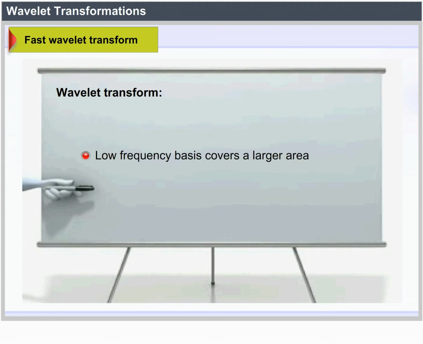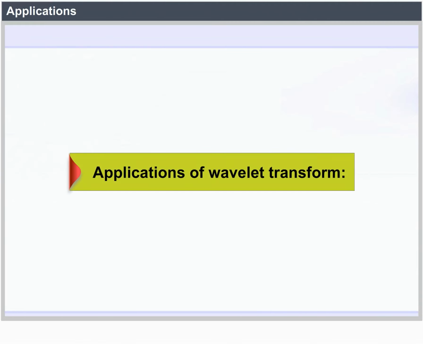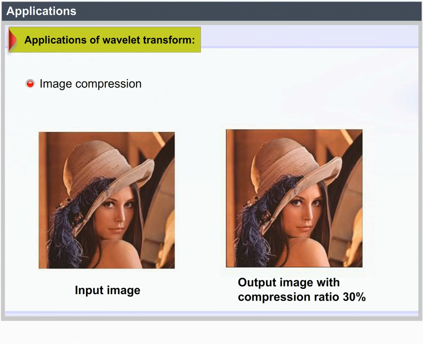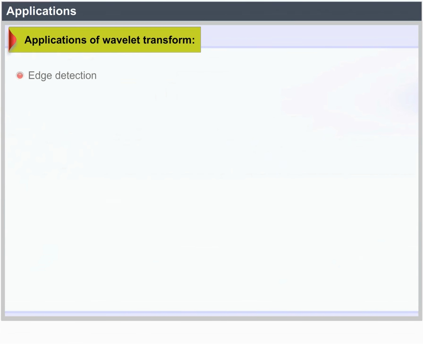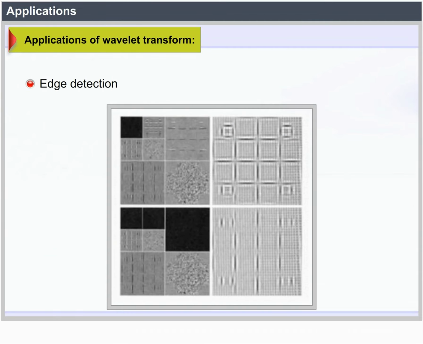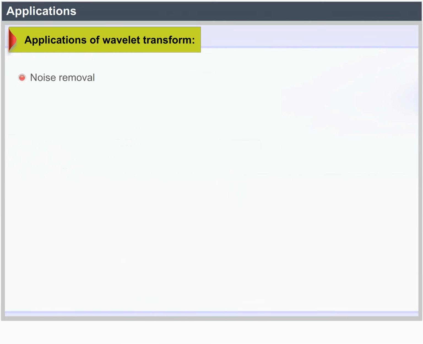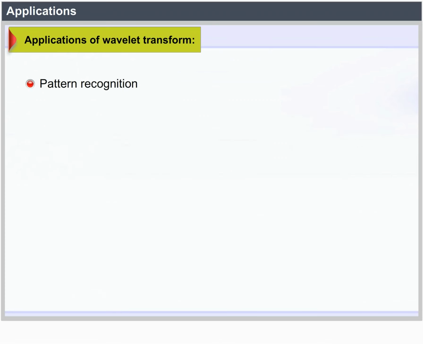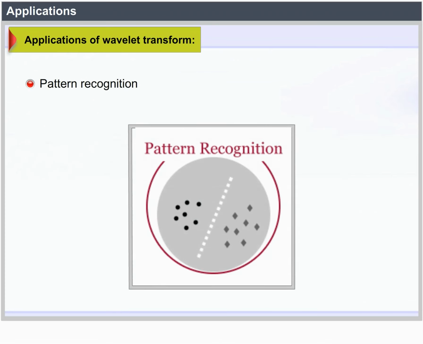Applications of wavelet transform: image compression, edge detection, noise removal, pattern recognition, fingerprint verification.